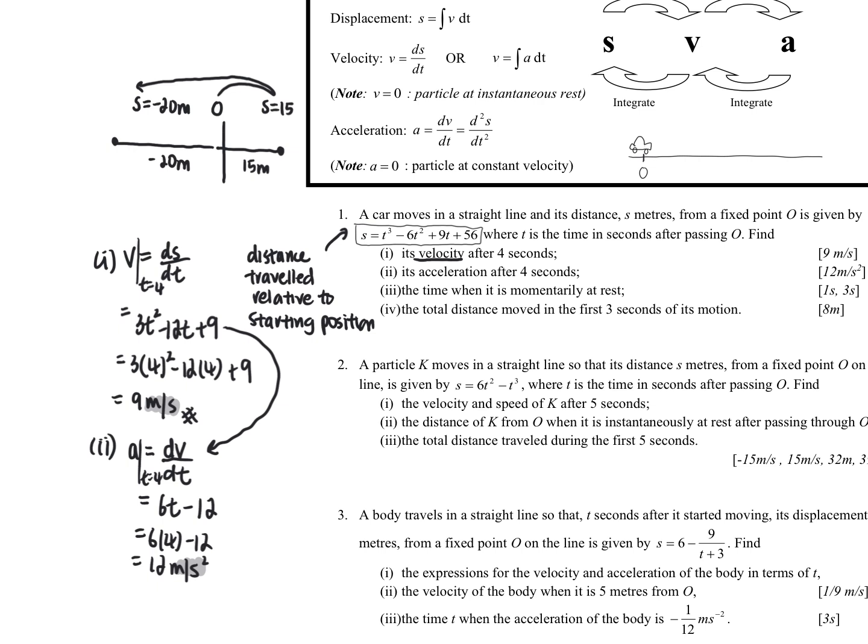Okay, then this one is done, right? Second one is done. Third one, they say find the time where the particle is momentarily at rest. What does it mean? Velocity is 0. So they want you to find the time where velocity is 0. You already know the expression for velocity.